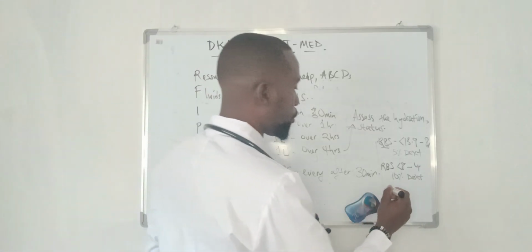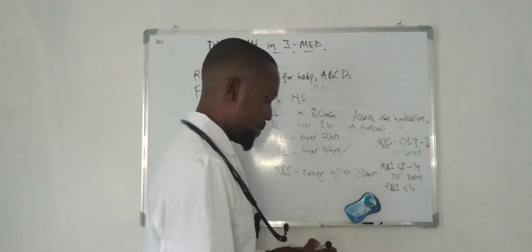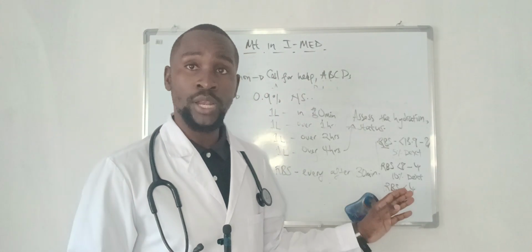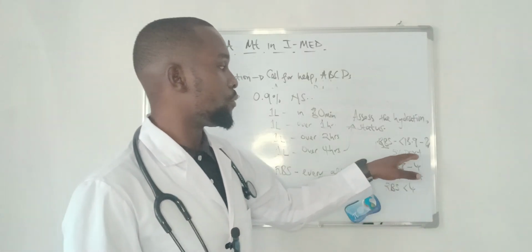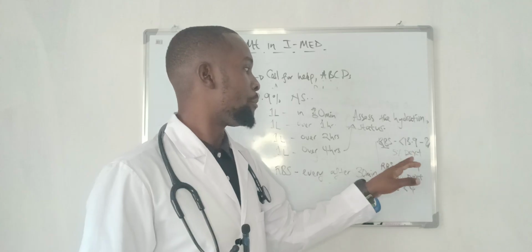When the RBS falls below 4 millimoles per liter, this patient is already in hypoglycemia. The reason you are switching when the RBS falls below 13.9 is because you want to prevent hypoglycemia.